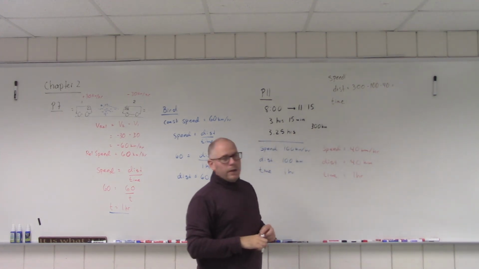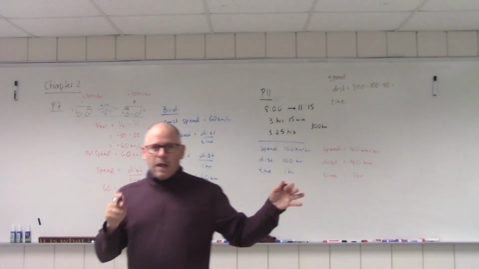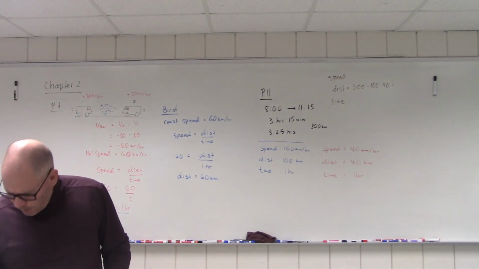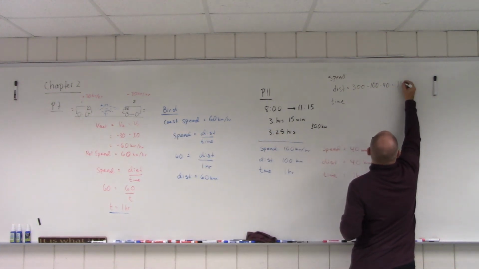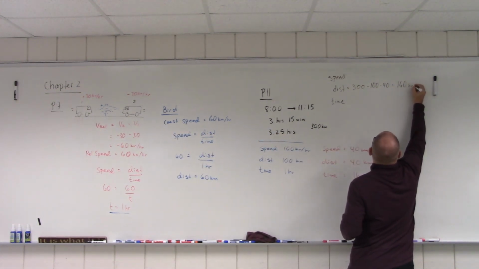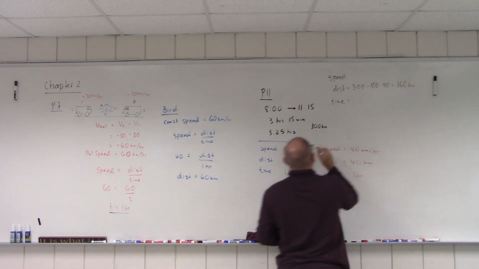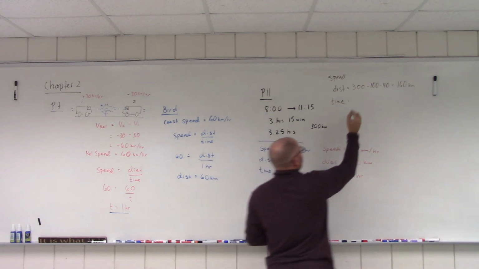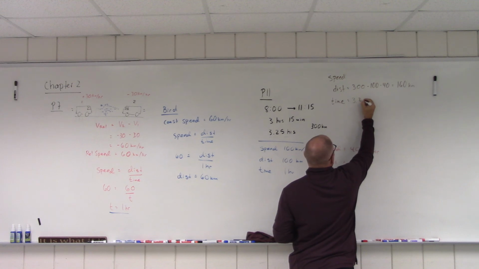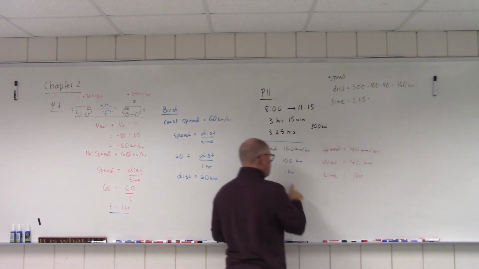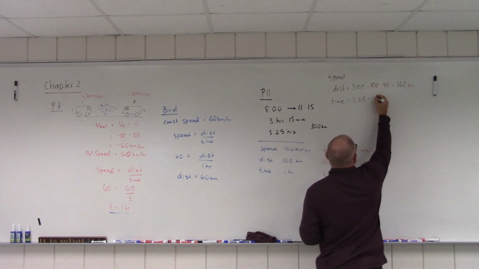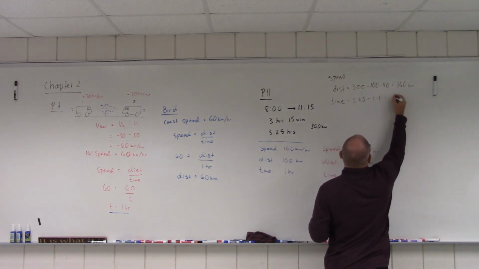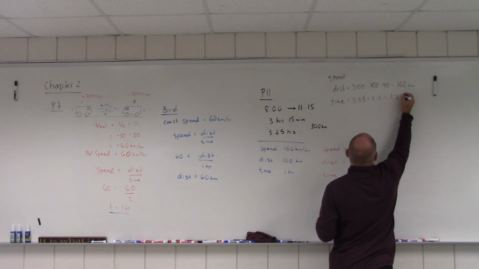So you have 300, you subtract off 100 kilometers for the first part, 40 kilometers for the second part, and that leaves you with 160 kilometers. The time, we had a total of 3.25. We used 1 hour of it in the first part, 1 hour of it in the second part. That leaves me with 1.25 hours.